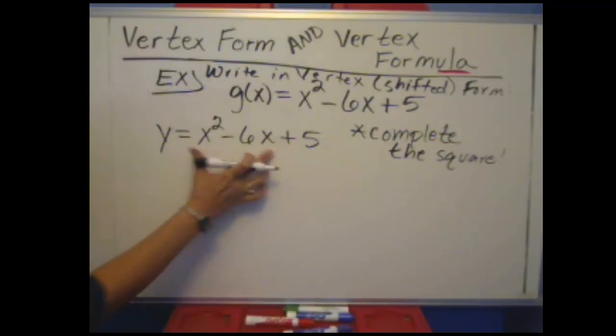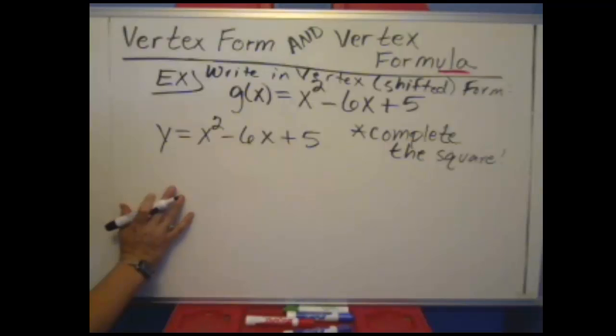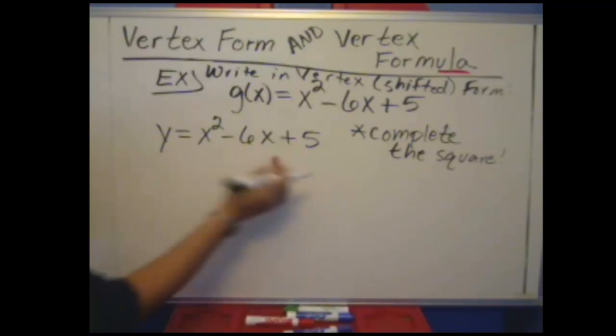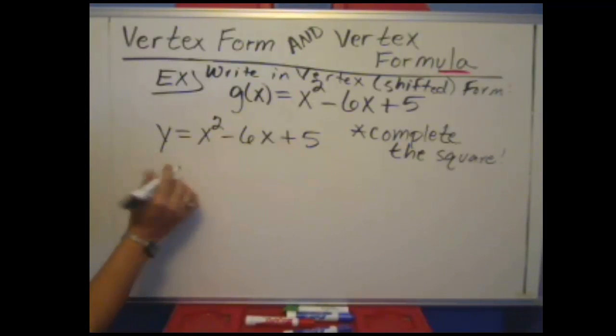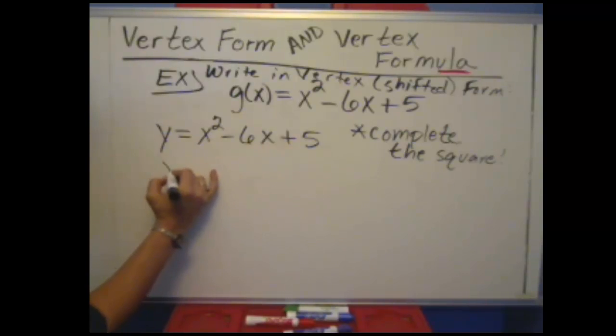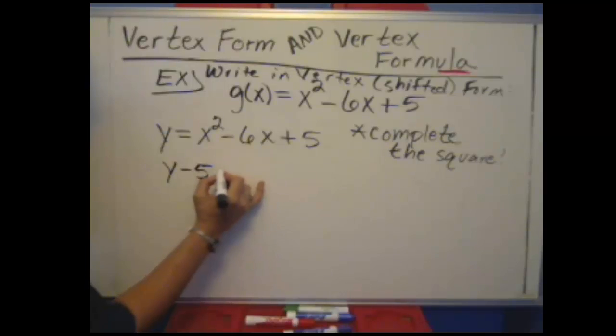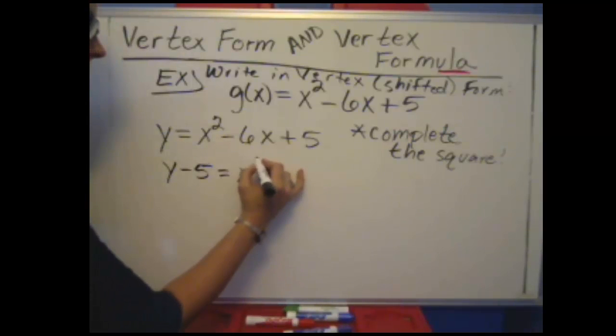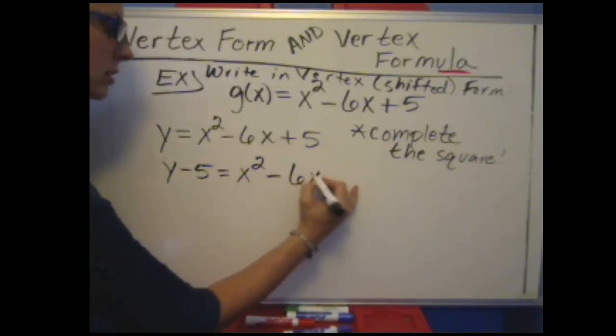Basically get x stuff on one side, get the other stuff on the other side. Since I have y on the left, I'm actually going to take this 5 and move it to the left with the y, leaving the x stuff on the right hand side. So that's going to give me y subtract 5 equal to x squared subtract 6x.